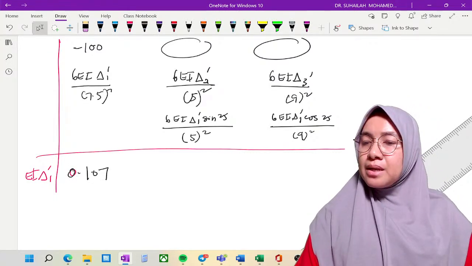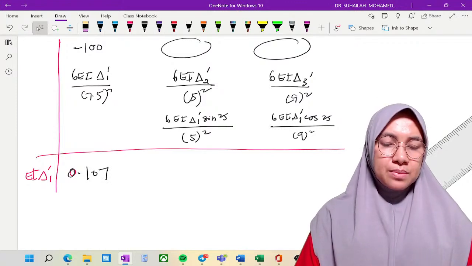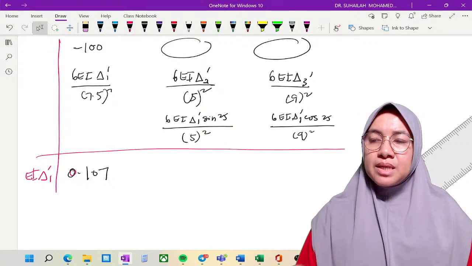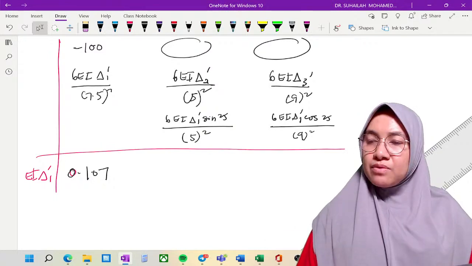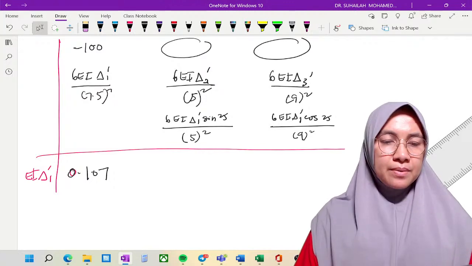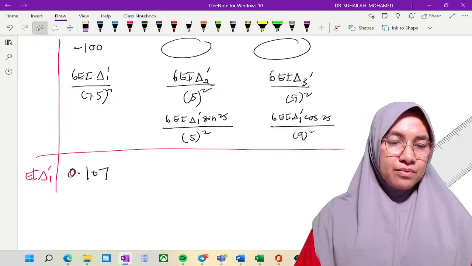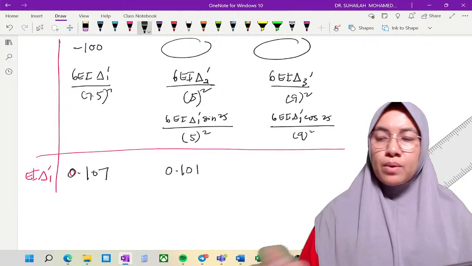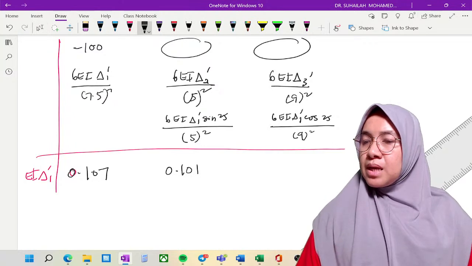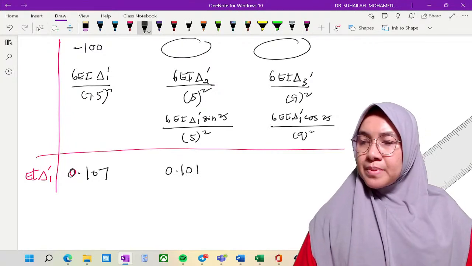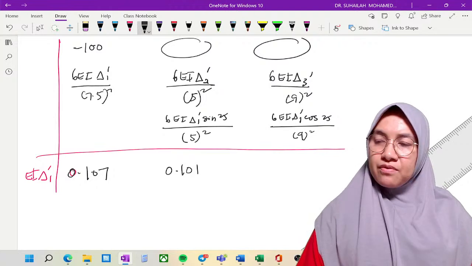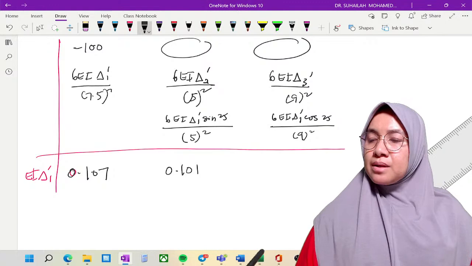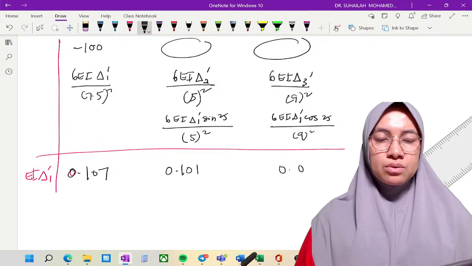And then 6 times sine 25 divided by 5 squared, it is 0.101. And then 6 times cos 25 divided by 9 squared, so we get 0.067.